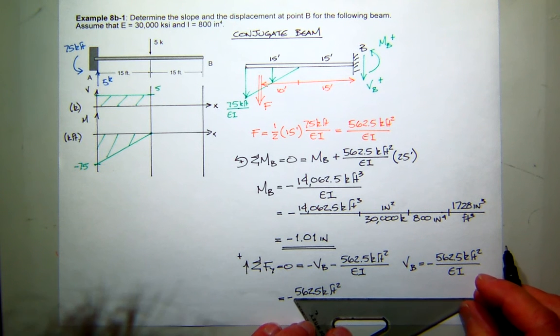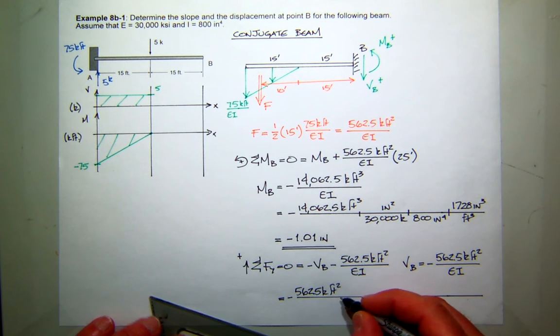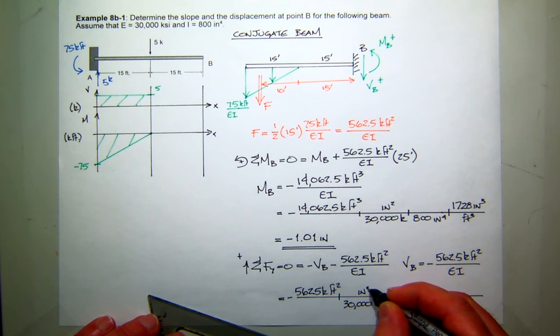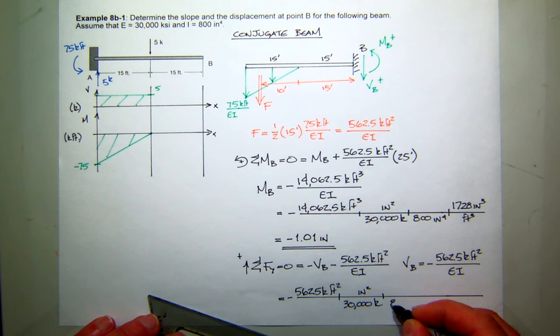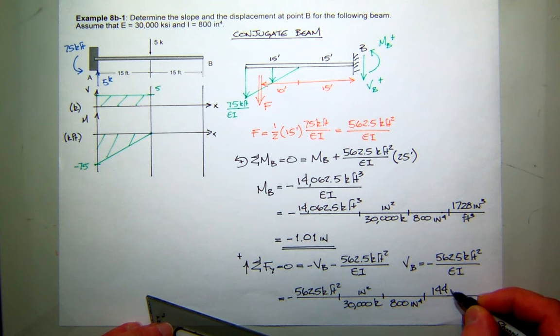Now we just need to divide it by E and I to get the number. Again, E is 30,000 kips per inch squared. I is 800 inches to the fourth. And convert square feet to square inches.